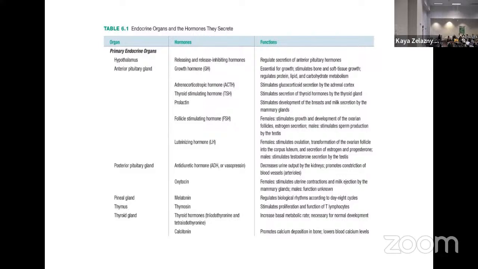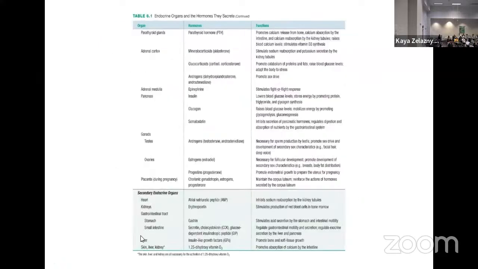In particular, we focused on the thyroid gland and the thyroid hormones, as well as the adrenal gland and the adrenal cortex, talking about the release of cortisol. We do want to know the existence of these other primary endocrine organs and the other anterior and posterior pituitary hormones, but those are the ones we focused on and spent more time with.